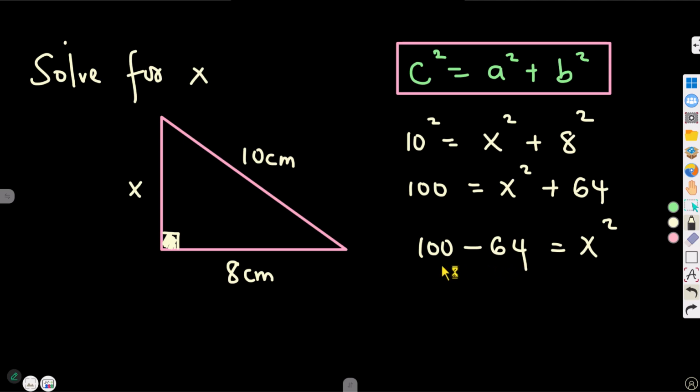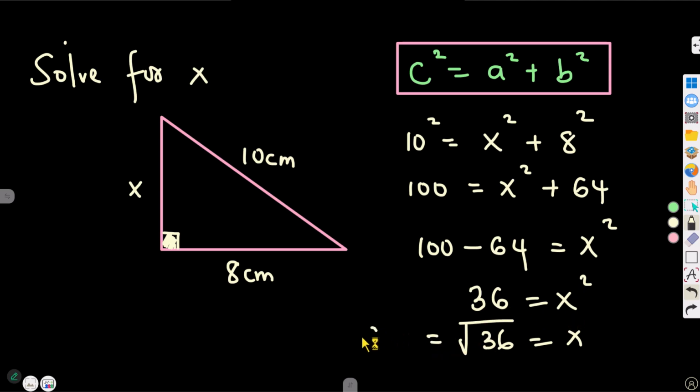And if you take 64 from 100, what do you get? 36 is equal to x squared. So to get x, you square root both sides. So x is definitely 6 centimeters.